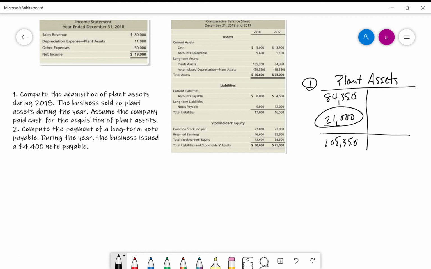Now, number two says to compute the payment of a long-term note payable. Well, we're talking note payable, so this will be financing. During the year, the business issued a $4,400 note payable. So we're going to do another T account for notes payable.